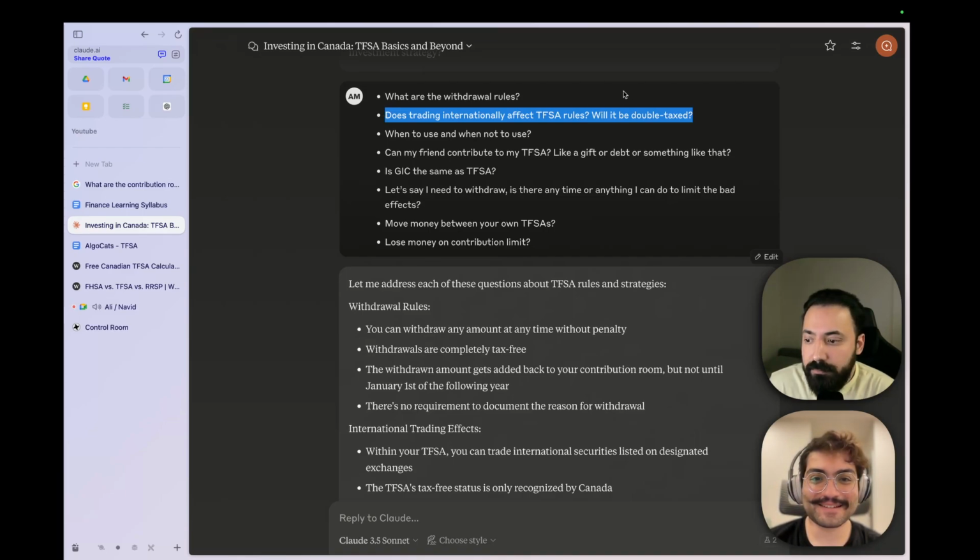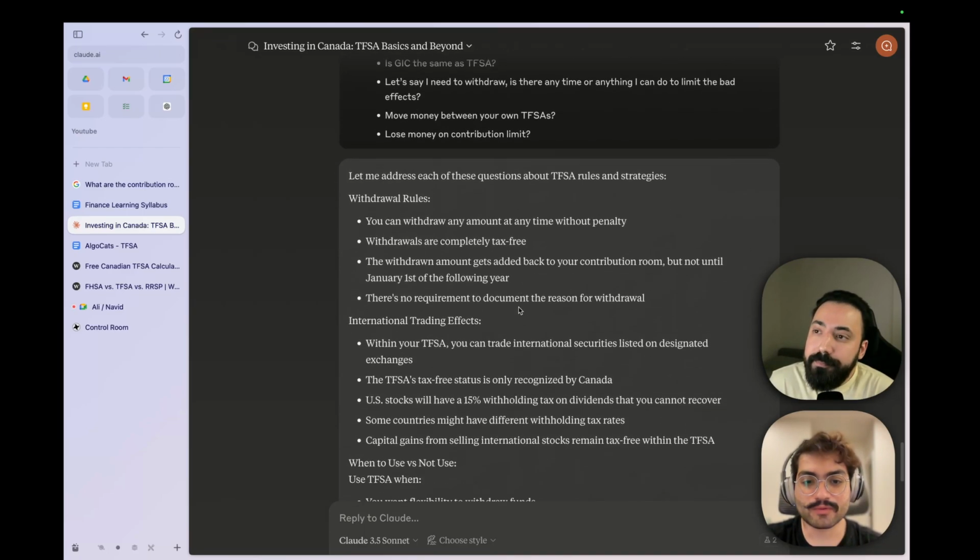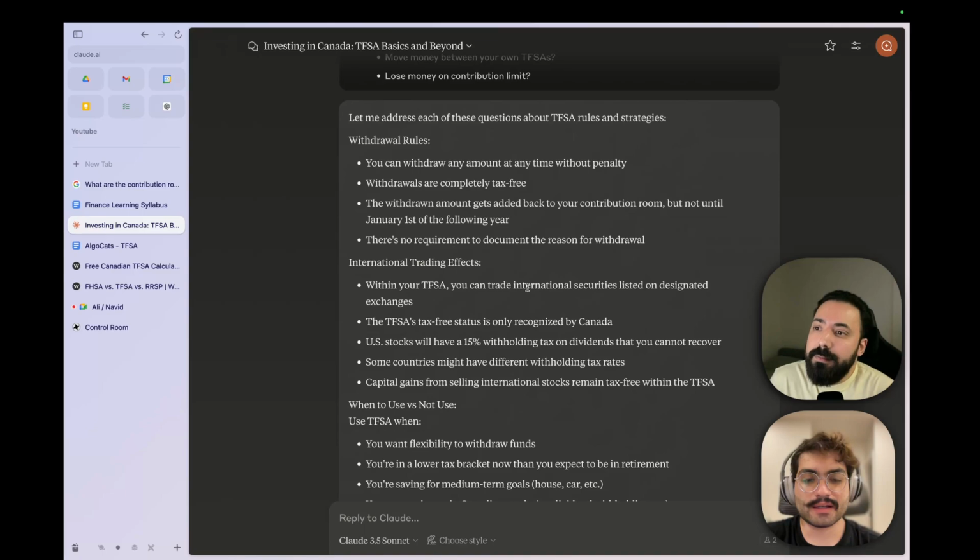Sounds good. Okay. So our next question is, does trading internationally affect TFSA rules? We asked this question previously, but we needed more information on exactly what those countries are that recognize the TFSA. So we knew that US stock will have a 15% withholding tax on dividends that you cannot recover.